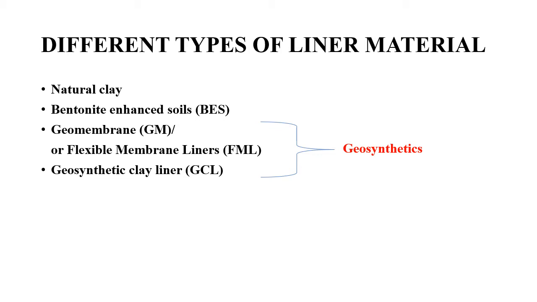Now, other than natural clay and bentonite enhanced soils, we have some polymeric materials which can be used as an alternate option to naturally available materials. And those two options are part of the geosynthetic materials.